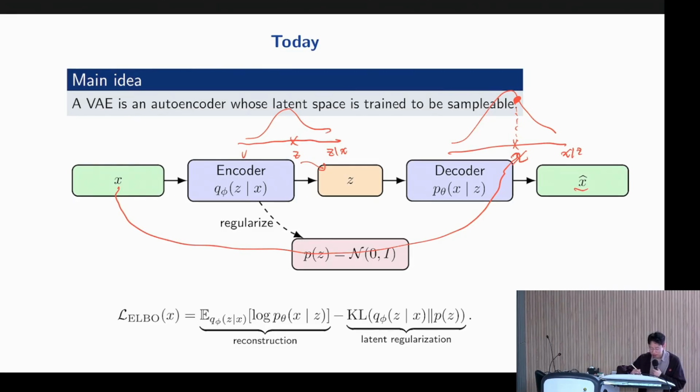And then we have this penalty term that regularizes this variational posterior from being too far off from our sampling distribution. And the ELBO, the evidence lower bound, is composed of two terms: the reconstruction error, or reconstruction fidelity, and some form of regularization that penalizes this distribution for deviating too much from P of Z.